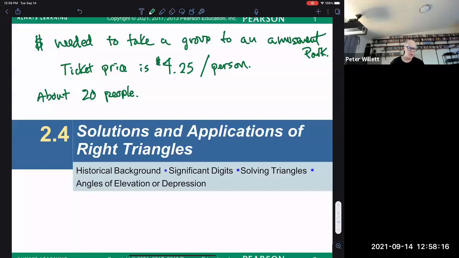All right, so you have a calculation for the ticket price where you know that all the way down to the nearest cent, $4.25. So we would say, just using the language that we just discussed, that this number has 3 significant digits.